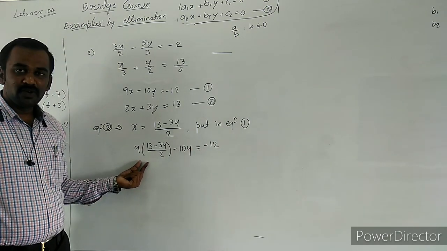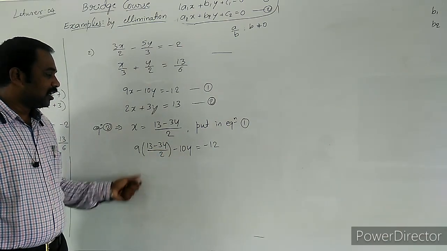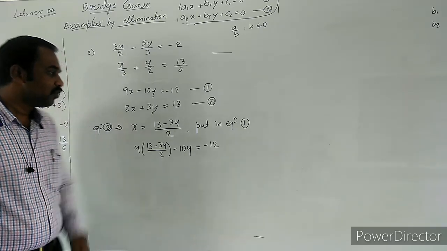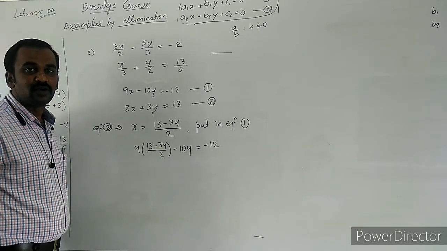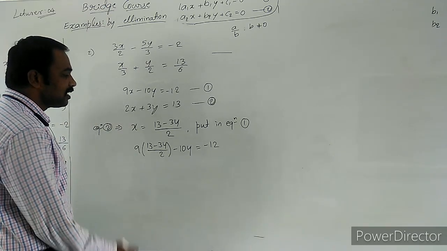Now observe how many variables there are. Only y is the one variable: a linear equation in one variable. Solve for y. You can pause the video and solve it, and later verify the answer.